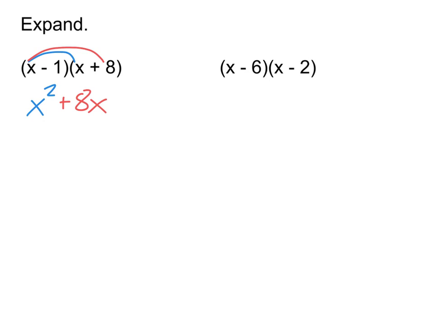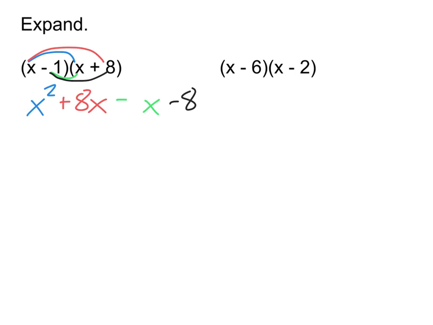Next up, I'm going to do negative 1 times x, which we can write as negative 1x, or if we want to be a little bit cleaner about it, we could just write minus x. They're the same thing, remember. Whether the 1 is there or not, it means the same thing. All right, and then finally, we need to do the negative 1 times the 8. Negative 1 times 8 is a negative 8.